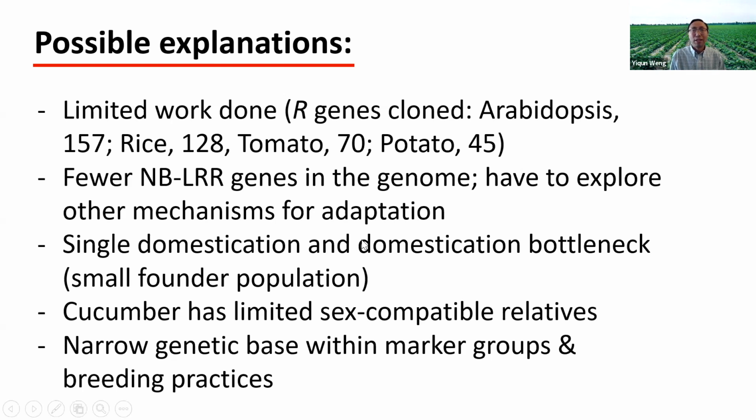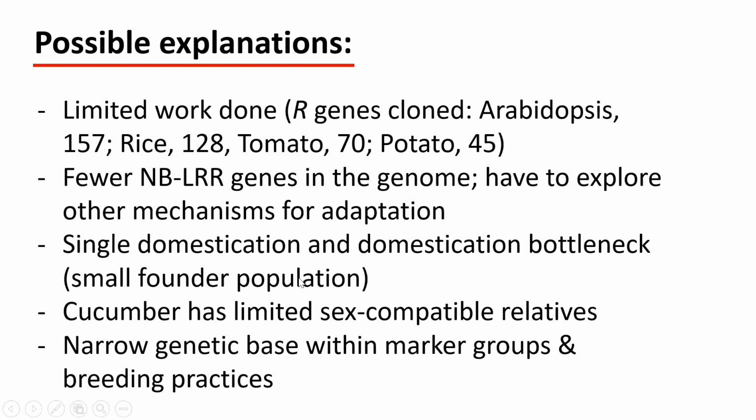Also, there are few NBS-LRR genes in the genome, which is true for all the cucurbits, because you have very few NBS-LRR. Those genes are a large reservoir for the generation of new genes. We don't have many, so the plants probably have to explore other mechanisms.